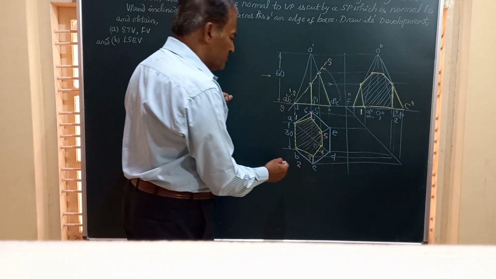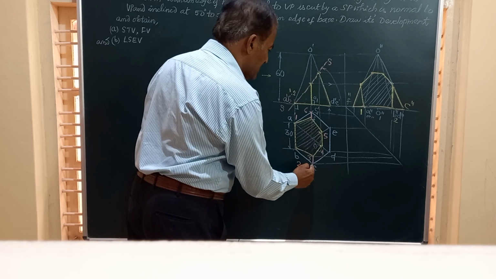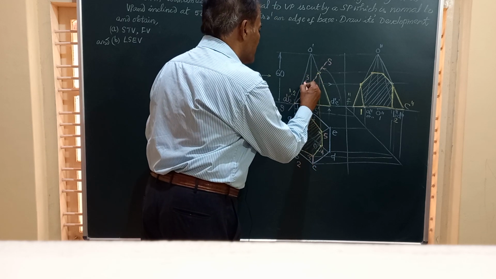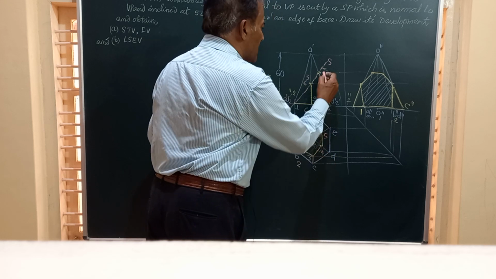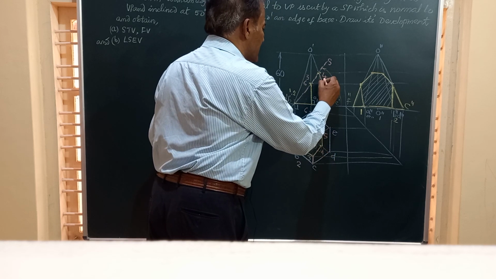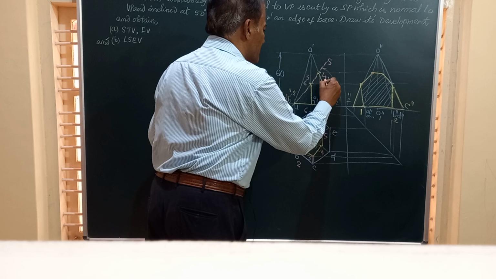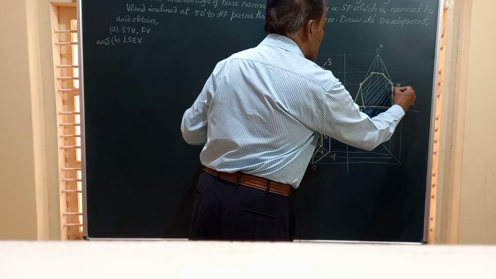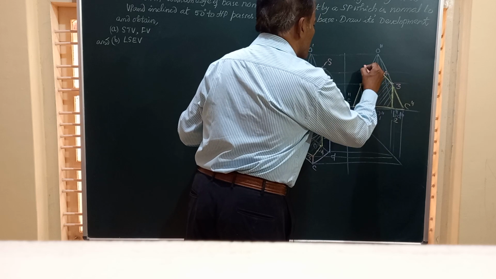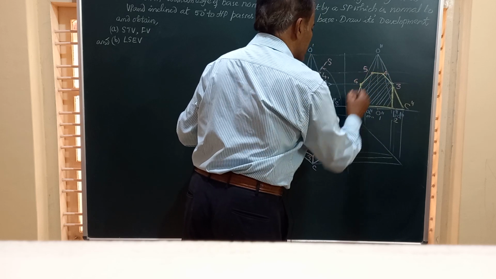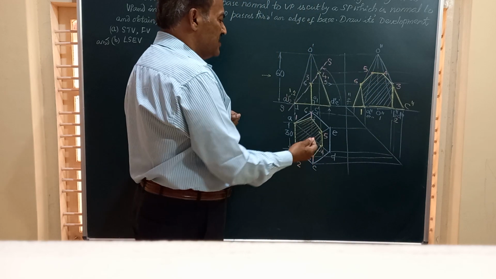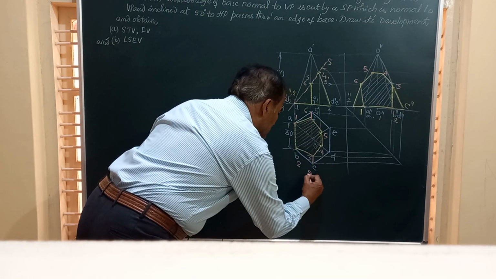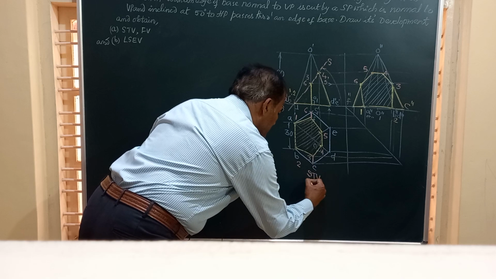You can transfer them to the front view. 1 and 2 here, 3 and 6 here, 3 comma 6, and here you got 4 comma 5 on the last slant edges, 4 comma 5. You can transfer them here. 1, 2, this becomes 3, point 4, point 5, and point 6. Friends, this figure in the top view will represent the sectional top view.